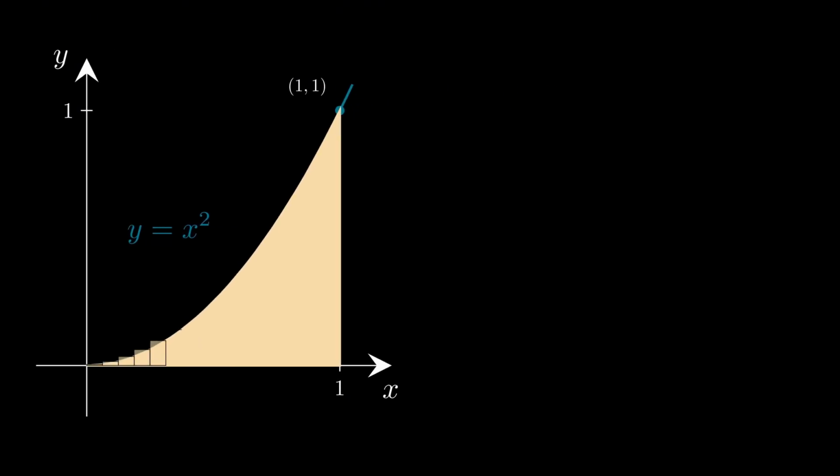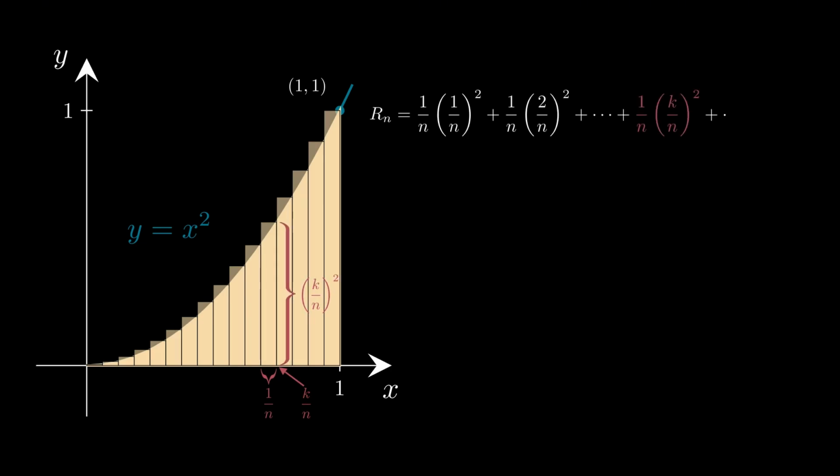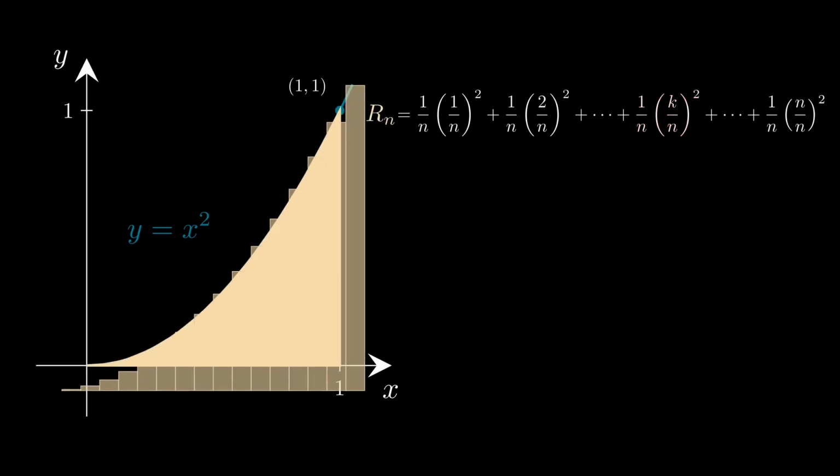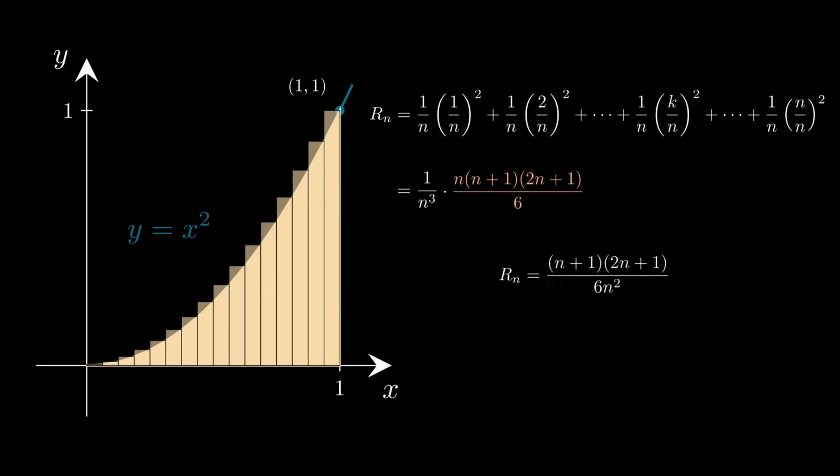Indeed, dividing the interval from 0 to 1 into n equal parts, each of which is 1 over n wide, and taking as the rectangle's height the value of the function at the right-hand point of each interval. Then, the total area of these n rectangles, Rn, encloses the formula for the sum of squares from 1 to n. After some manipulations, we get the simplified expression for Rn.